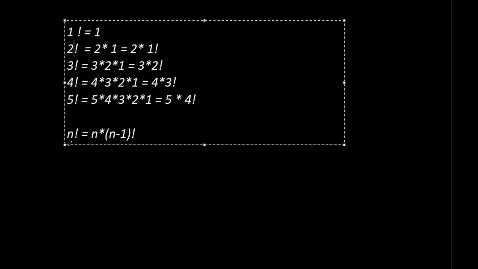So n factorial is nothing but n into n minus 1 factorial.